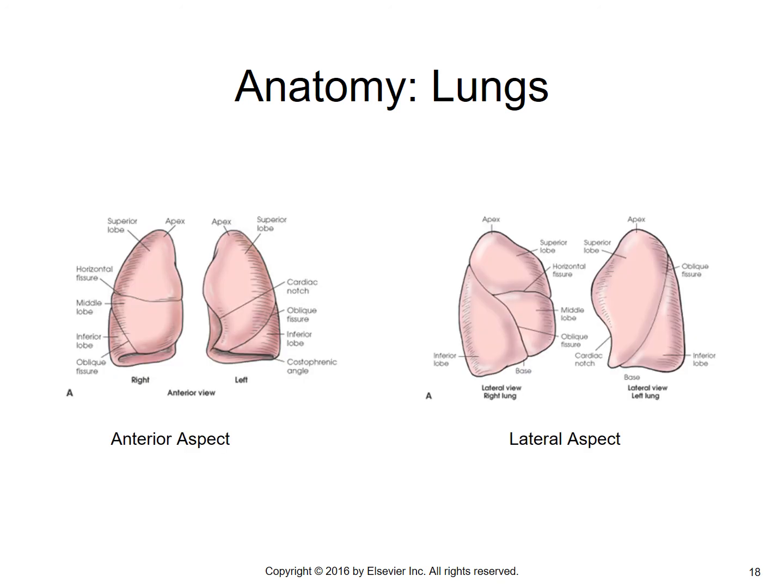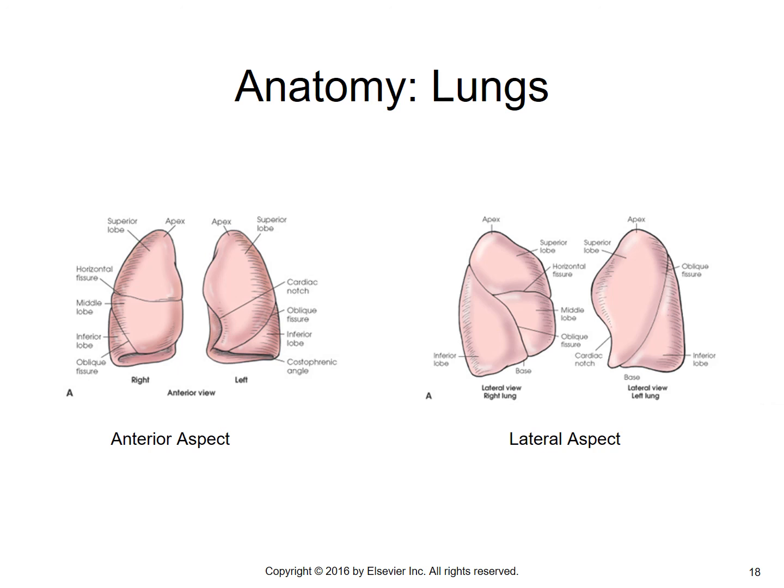Here are pictures that are actually from your book. What separates the lungs into individual lobes are called fissures. So when we look at the drawing A there, on the right, you've got the horizontal fissure.